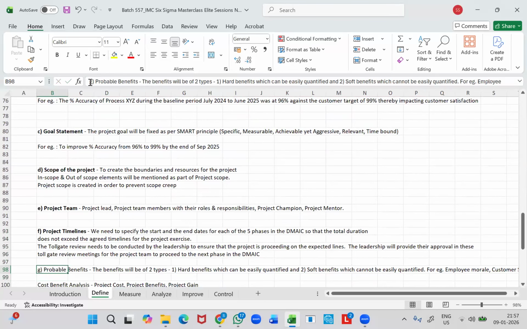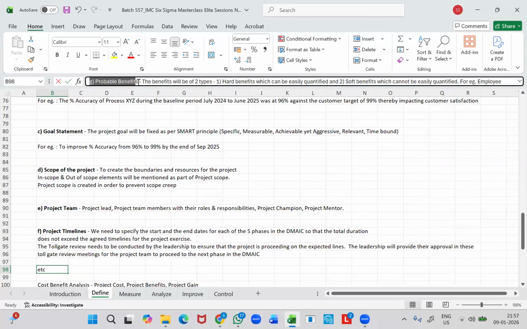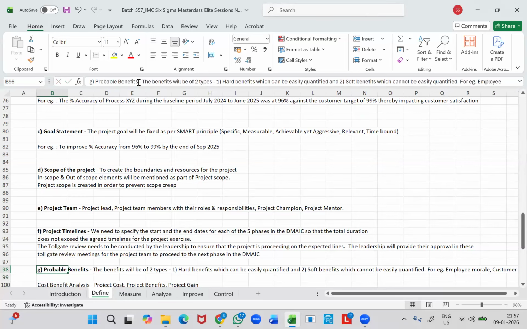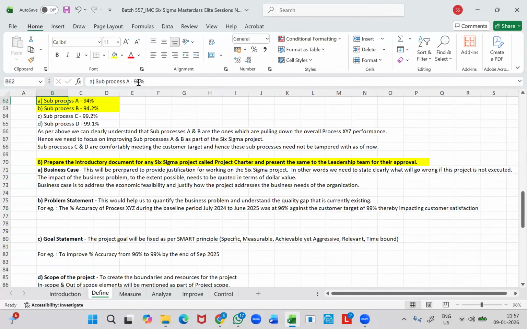So these are the various elements that you would find in a project charter document, right? So you'll see all these elements in detail.